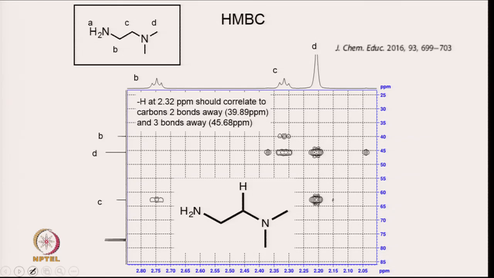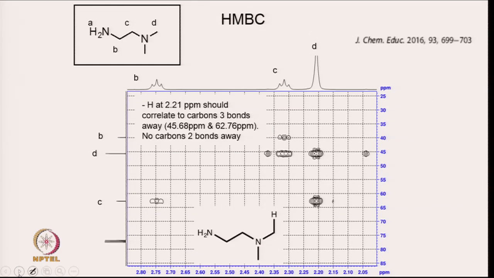B is correlated to C, and C is correlated to D. And now you see here this D is correlated not only to C, it is also correlated to this one also.